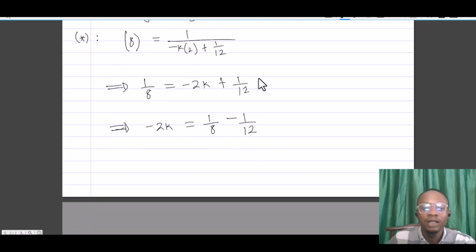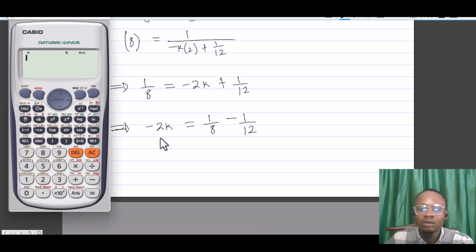So 1 over 8 minus 1 over 12, what does that give us? Then we divide it by minus 2. So we can just use our calculator to do that. So that's 1 divided by 8, then minus 1 divided by 12.